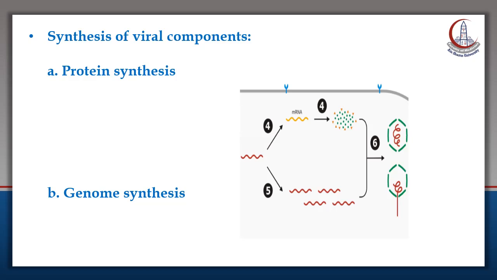First, as regards the protein synthesis, first, transcription. This genome is transcribed with the production of the messenger RNA using the viral genome as a template. Then this messenger RNA will be translated on the host ribosome to form the specific viral proteins.